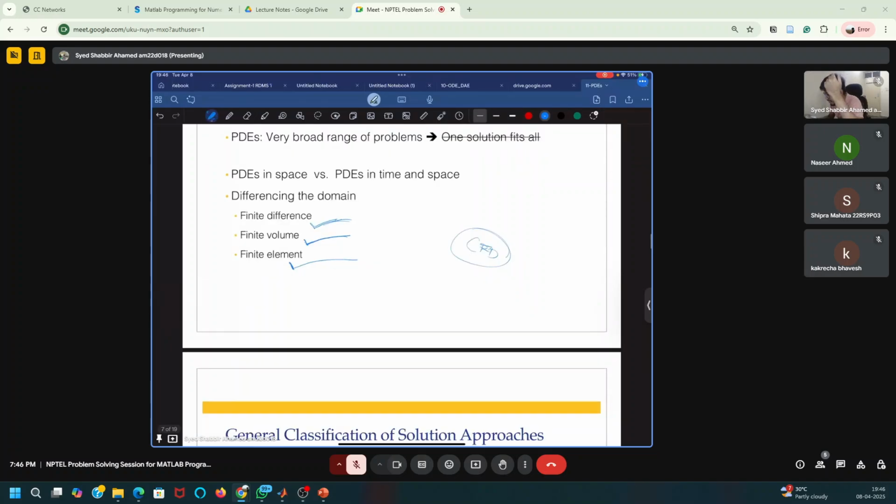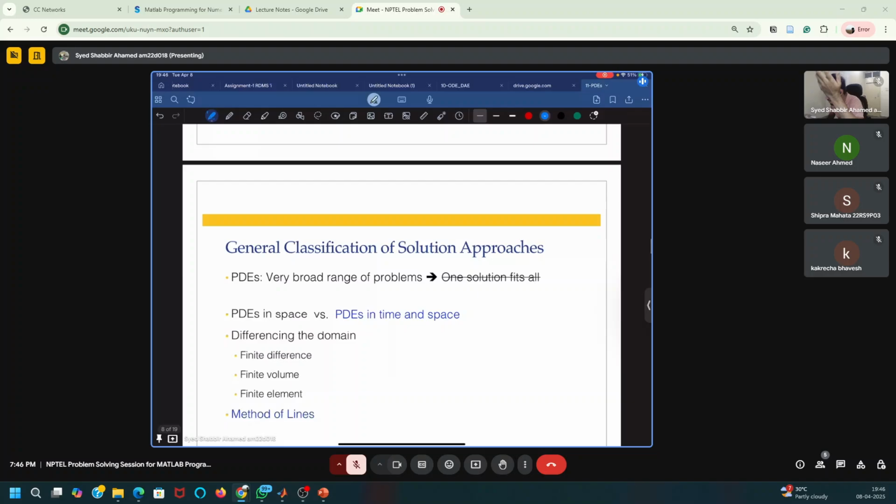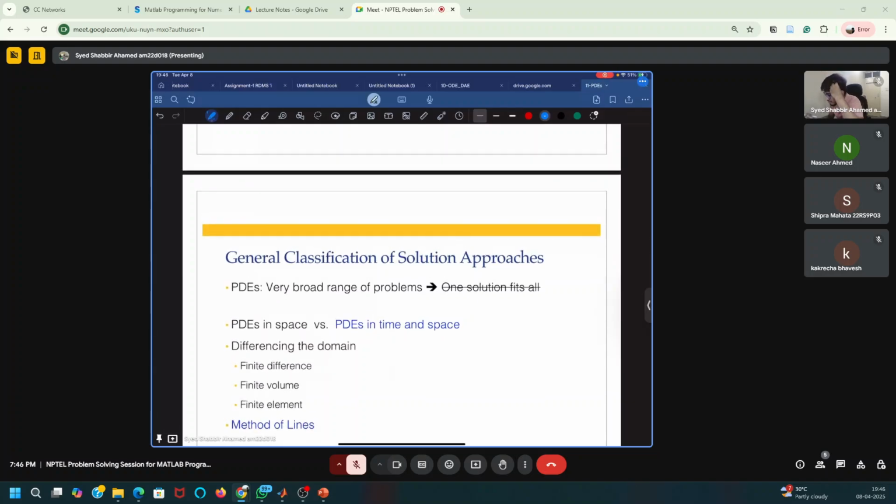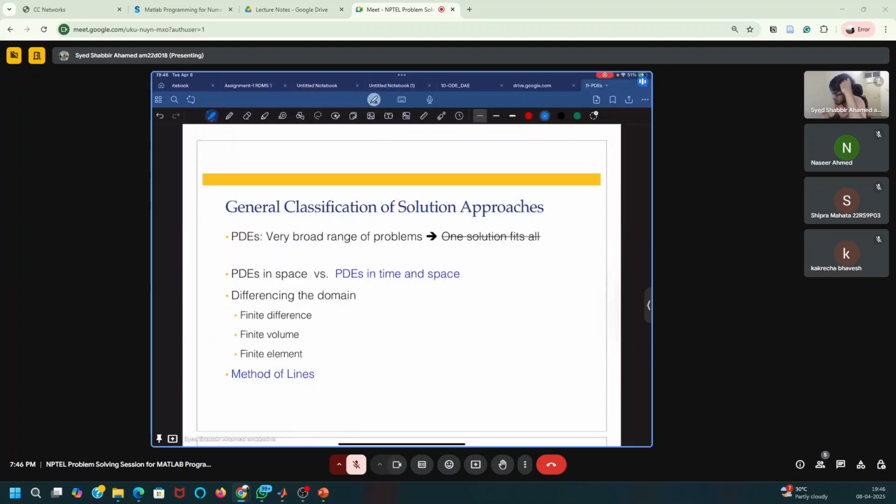So you have to use finite volume or some different kind of method. For each kind of PDE which you have, you have to use the approach which suits it better. If your system is elliptic or parabolic, depending upon it, you have to use some kind of approach that will give you good solutions.